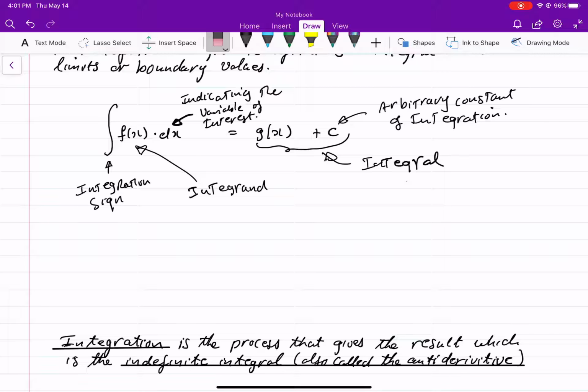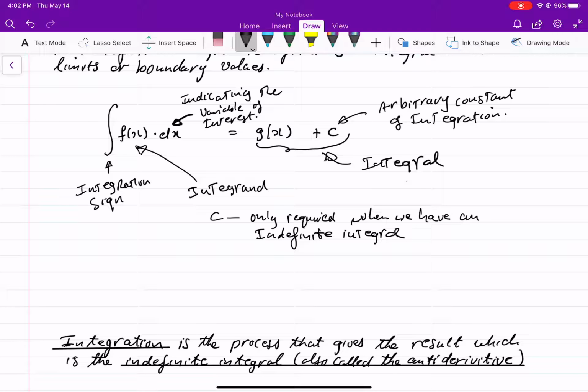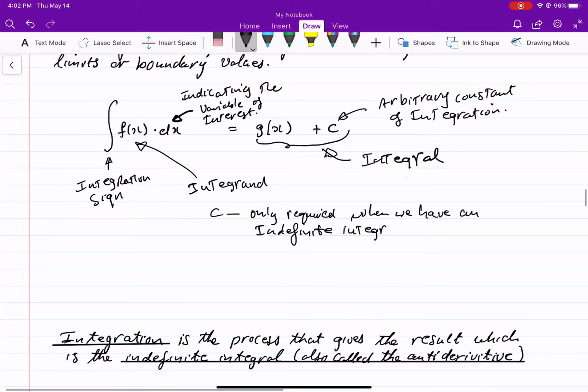The arbitrary constant of integration c is only required when we have an indefinite integral. Okay, so that's just getting you familiar with the notation.